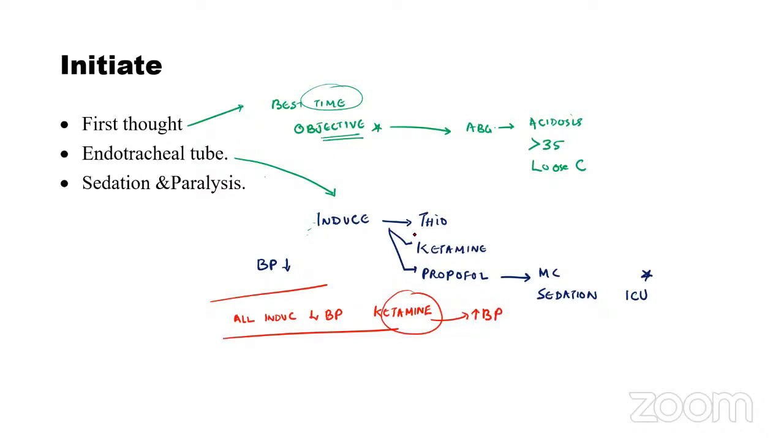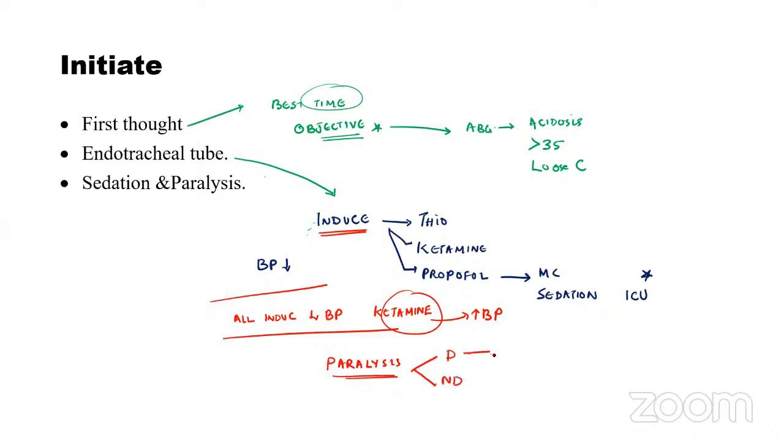Now, we not only need to induce, we should also paralyze this patient. So, paralysis is also important. There are various paralyzing agents. You can call them depolarizing and non-depolarizing muscle relaxants.